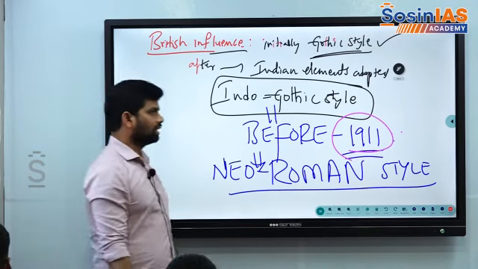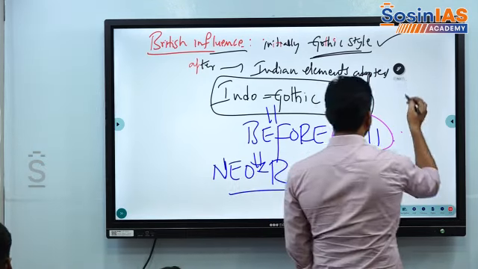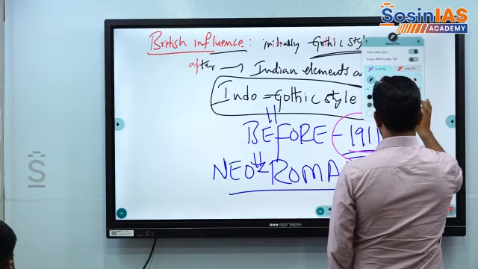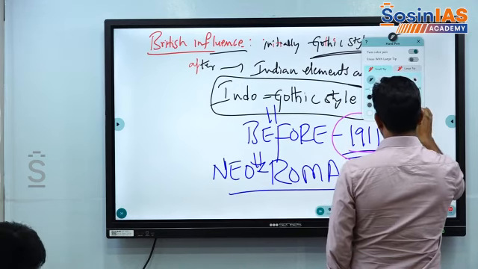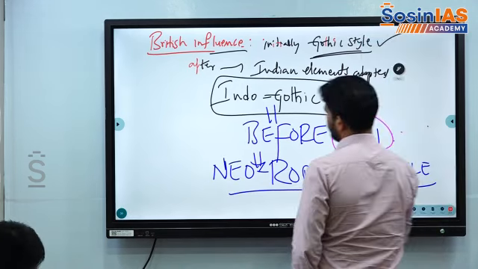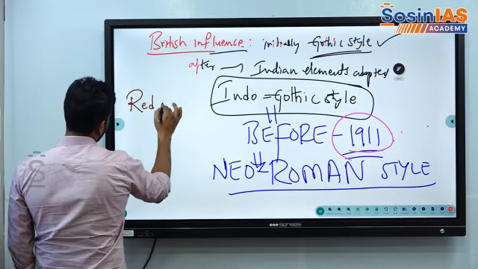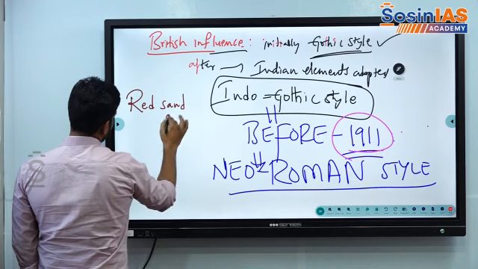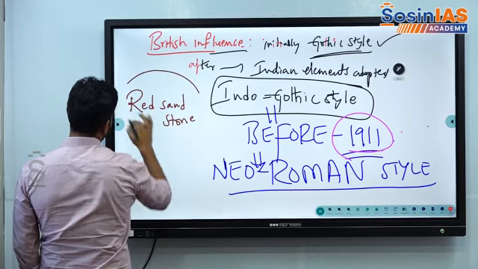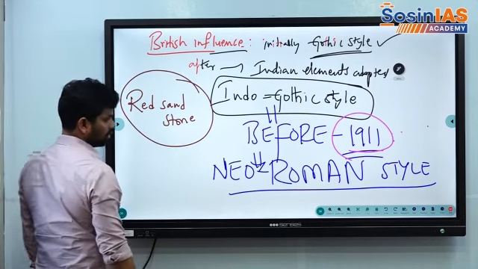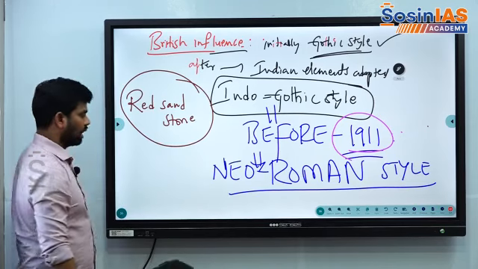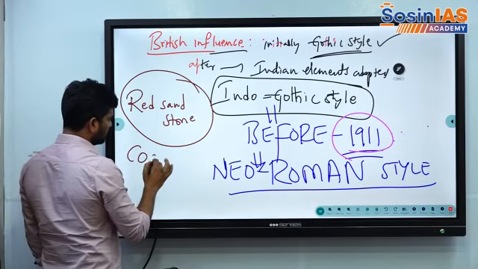But what is the chief material they used for the construction of these buildings? They primarily used red sandstone, and after that they used coarse lime.